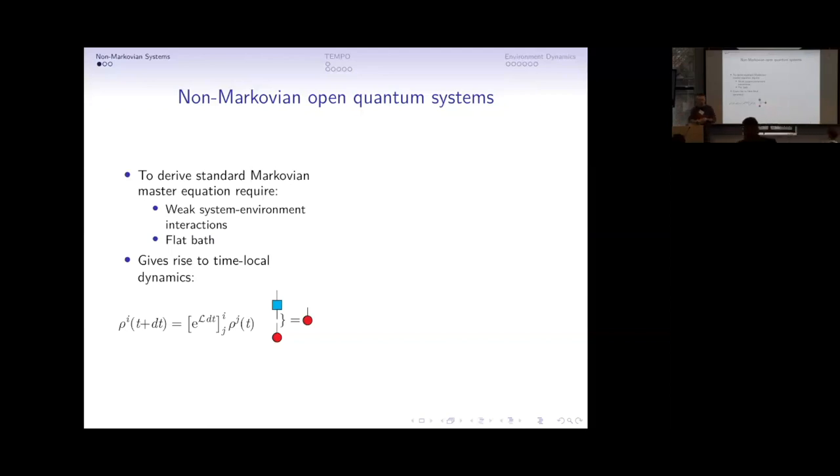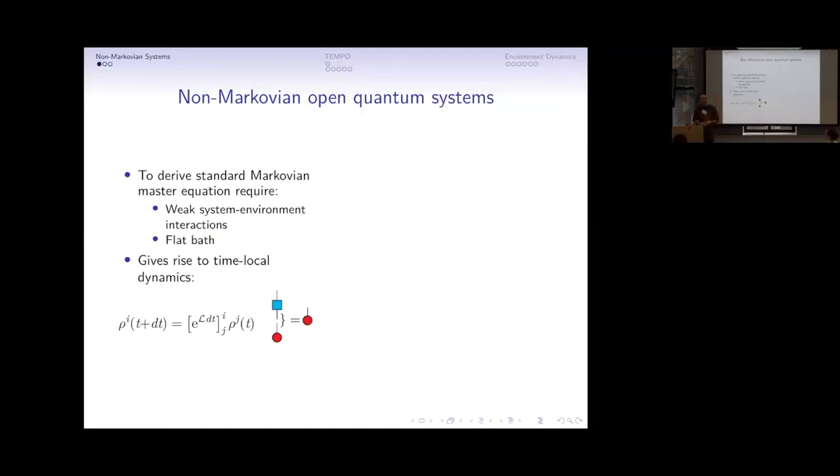So Markovian systems are described by master equations, and hopefully everybody is familiar with those kinds of descriptions. And when you derive the standard Born-Markov master equation, there are a series of assumptions that you make about the nature of the interaction of my system with its environment.